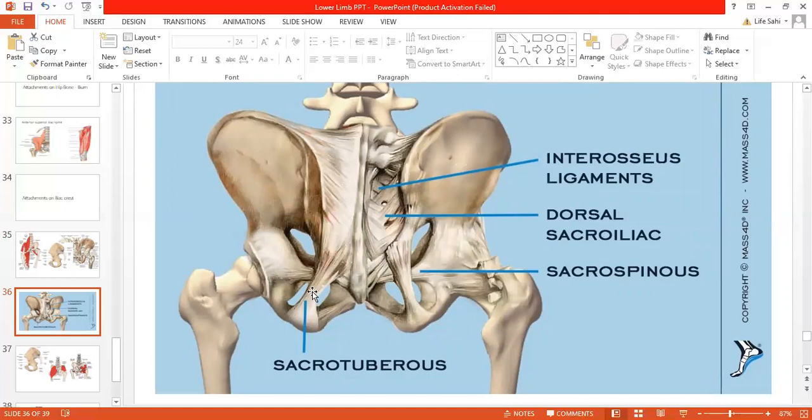If we move from outward to within, here is the sacrotuberous ligament. We will get to it in a bit. After peeling it off, deep to it is the dorsal sacroiliac ligament, and further deep to it is the interosseous ligament. So I hope the positions and the attachments of these two ligaments are clear to you.